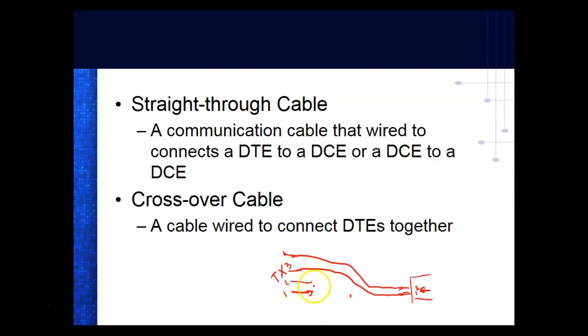And then pin 1 and 2 over here would have to be crossed and go to pin 3 and 4 over here. And these are crossover cables. We only have to use these when we connect two DTEs together. Your DCEs take care of this. They understand what this is. So a DCE will receive on pin 1 and on pin 2, and y'all understand that. So we don't have to use that on DTEs.